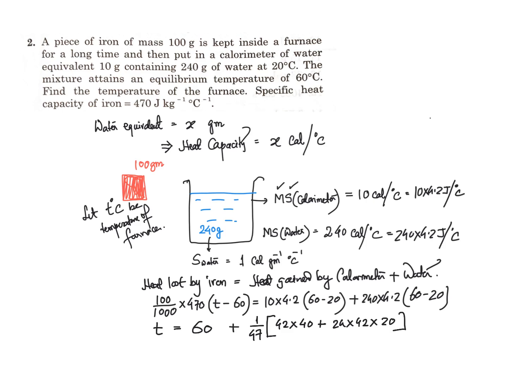You can calculate. So 953 degrees Celsius, right? So this comes out to be T, the temperature of the furnace.